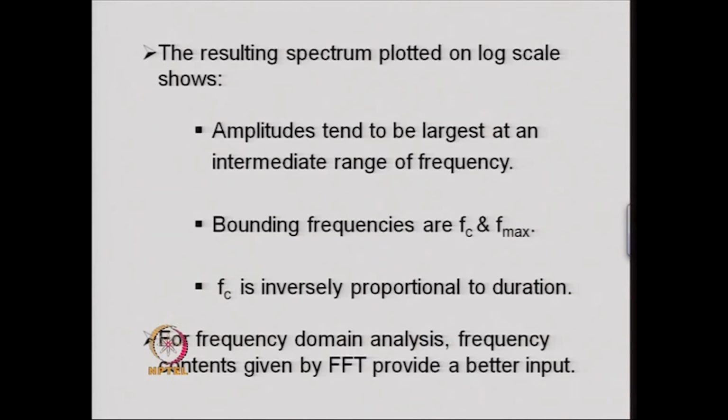The smooth plot of the spectrum in log scale shows three important things: the amplitudes tend to be largest at an intermediate range of frequency. Then there are some bounding frequencies called Fc and Fmax, and Fc is found to be inversely proportional to the duration.